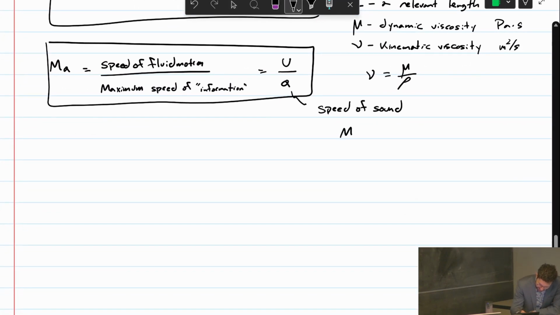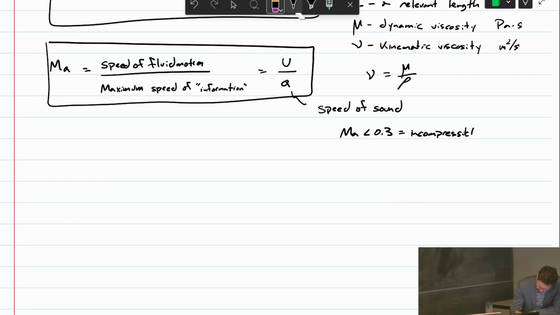So we'll say that a Mach number of less than 0.3 is incompressible. So basically that means we can neglect compressibility effects.